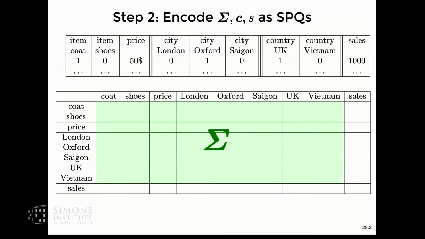Now, the matrix sigma that I described in the previous slide is this portion of the matrix, where we go over only this part and take its outer product with itself and sum over all rows in the training data. This matrix is also symmetric. So the vector c that I described on the previous slide can be seen either as this portion or as this portion. And the scalar s is right here in the corner.